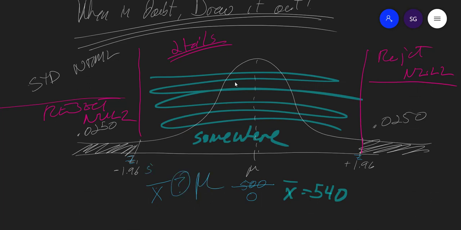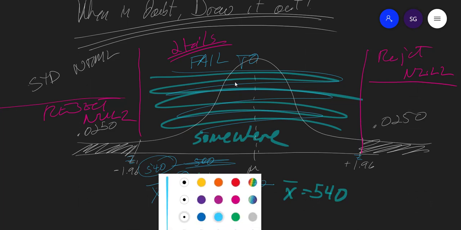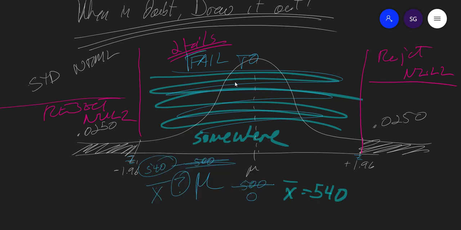Remember, my x bar was 540 and the average for the entire country was 500. So long as this is somewhere close to here, then I can't tell you that that's really that different. So I am going to fail to reject the null hypothesis, okay? We want to be on the outsides, all right?